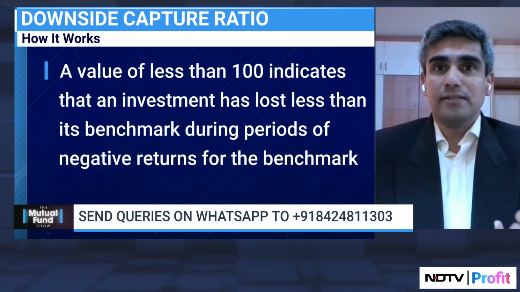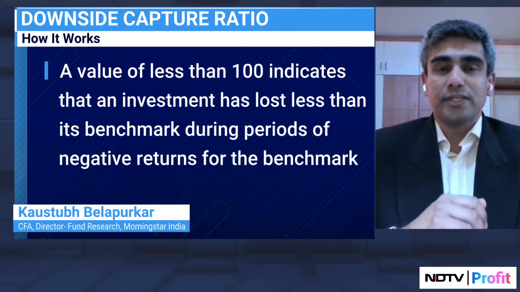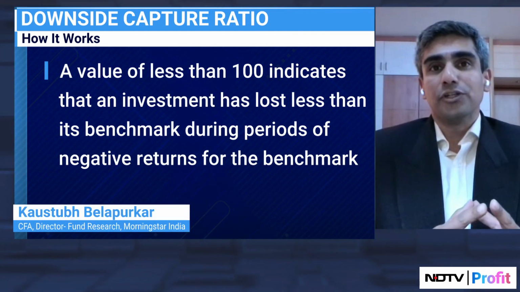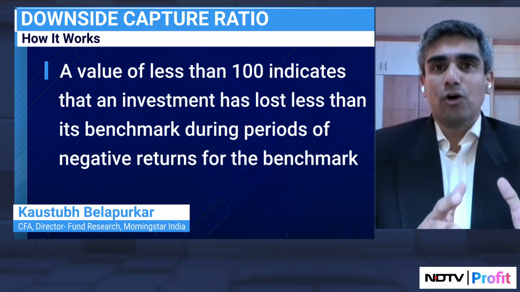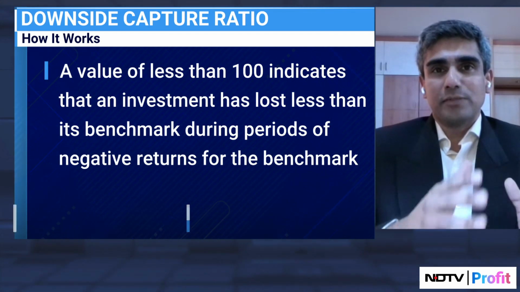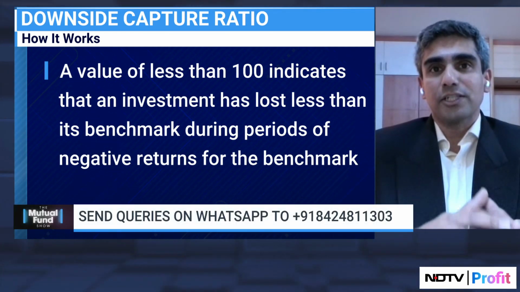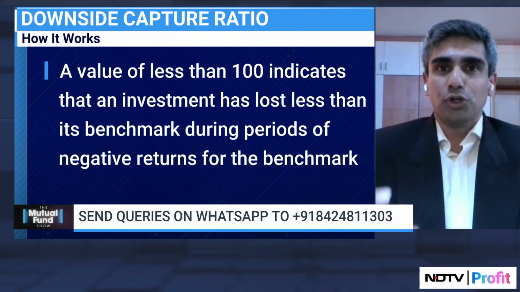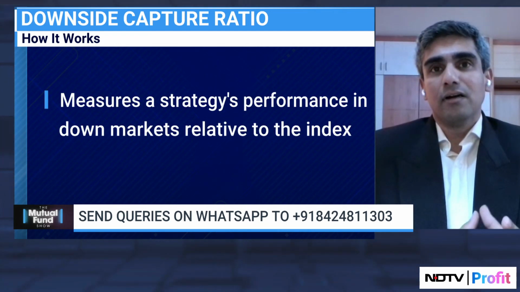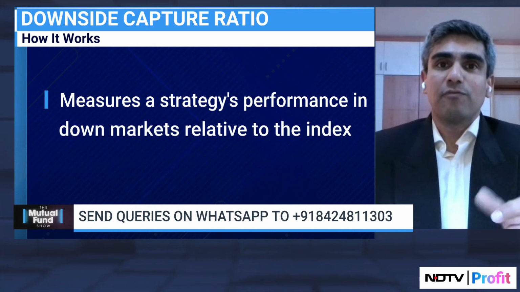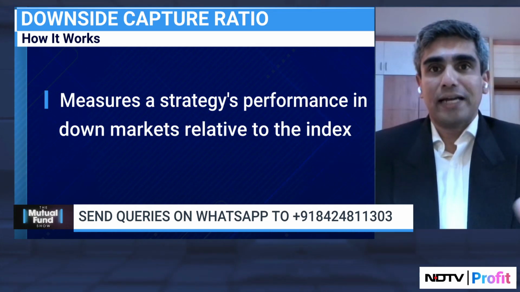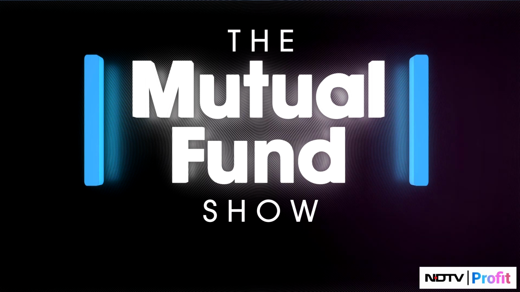You're looking at companies with great earning ratios, low debt ratios. Typically in any down market, you would expect quality companies to be much more resilient than your cyclical, high debt company. So I think that also plays into that lower down capture ratio for some of these strategies.